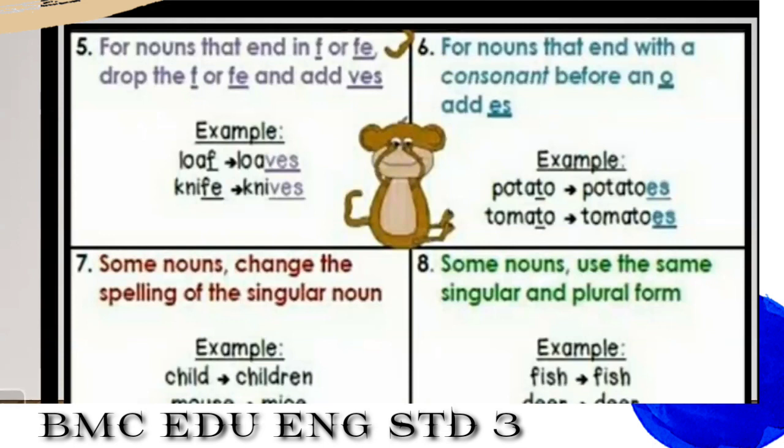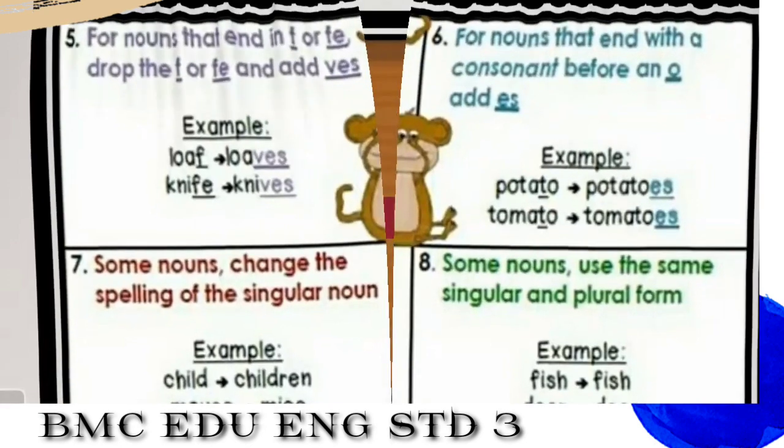For example, child, children, mouse, mice. Then last one is what? In some nouns, the spelling remains same in the plural form. For example, fish, fish, deer, deer. So there is no change in the plural form.